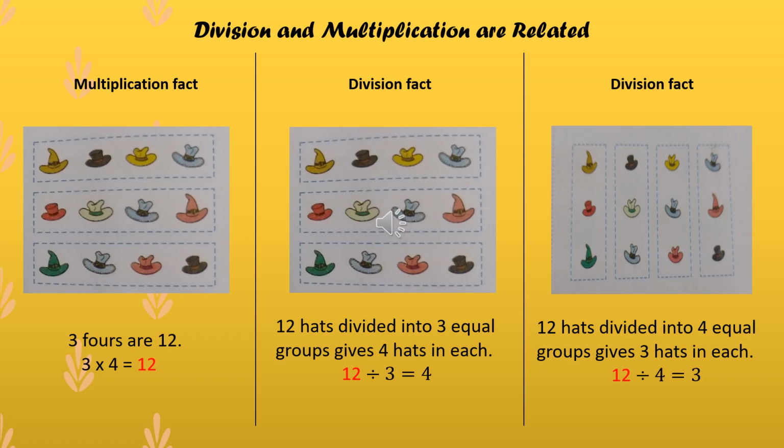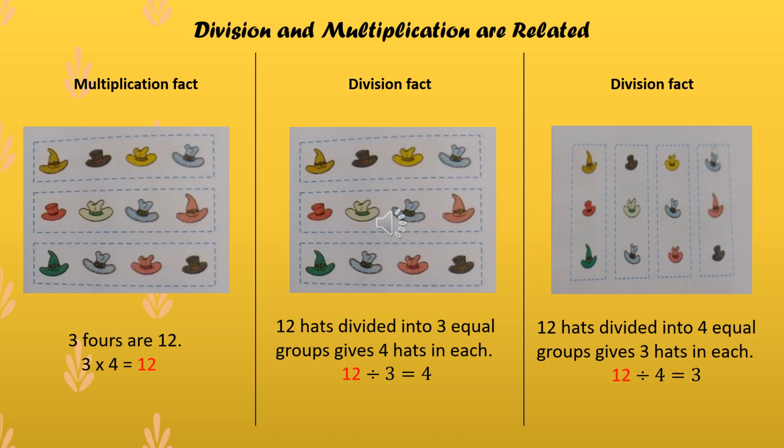It means we have 3 rows of 4 hats each, or we can say 3 fours are 12, because in all there are 12 hats. So 3 fours are 12, or we can say 3 multiplied by 4 equals 12. Yes, so it is a multiplication fact.